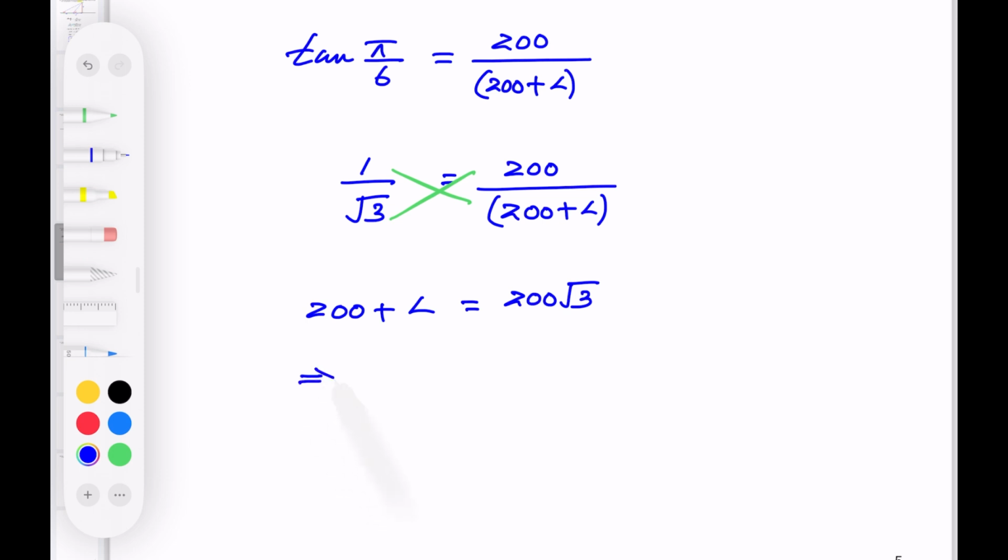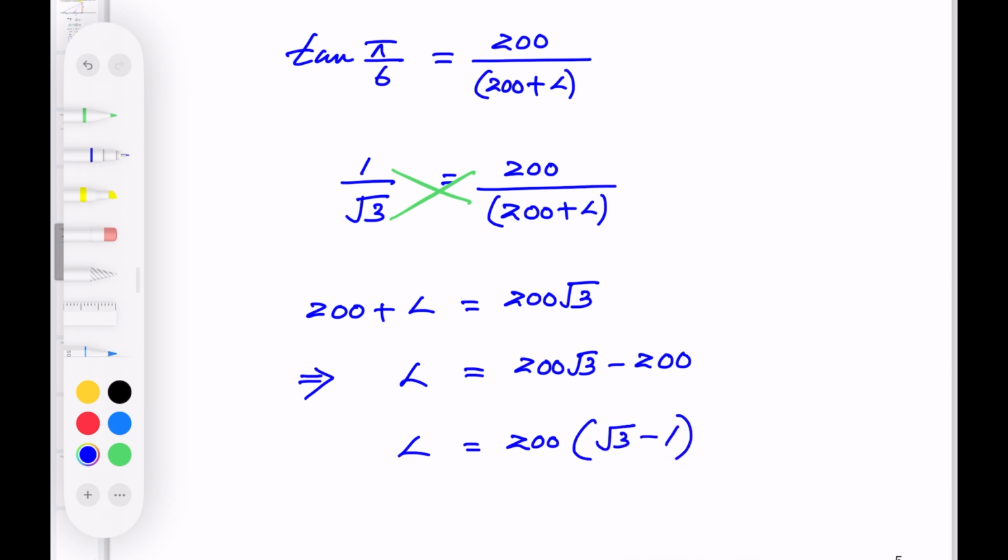From that we get L equals 200 square root 3 minus 200. We may simplify this a little bit more. Then we get L equals, we can factor out 200, and then inside parentheses we will have square root 3 minus 1. Please note that this answer should be in feet because the height of the cliff was given in terms of feet. This is the final answer for this problem. Thank you so much.